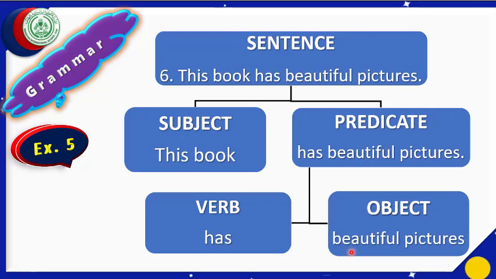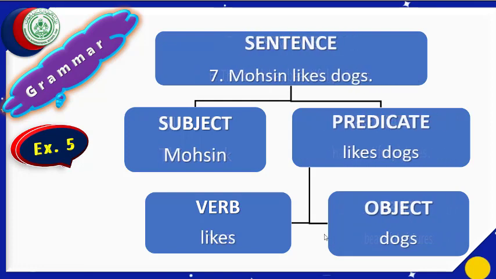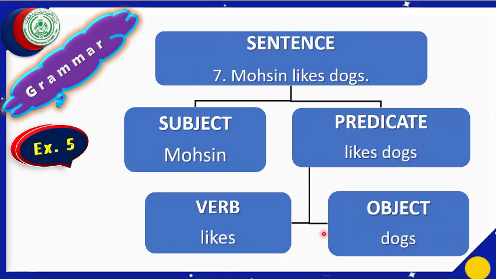Let us move to the next. In part number 6, this book has beautiful pictures. This book is the subject, has beautiful pictures will be the predicate. If we break predicate further into verb and object, verb will be has and beautiful pictures will be object of this sentence. In our part number 7, Mohsin likes dogs.